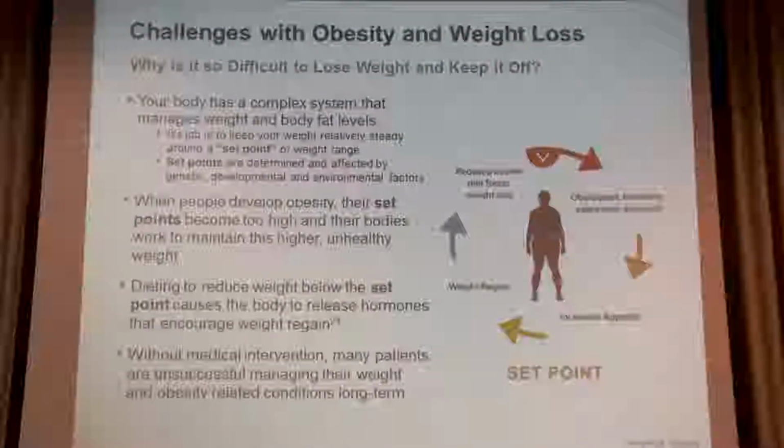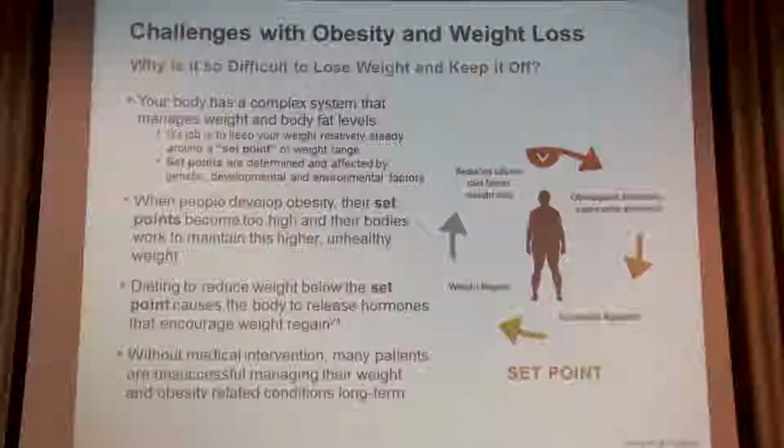So this is a slide that shows us why it's so difficult to lose weight, and a lot of it has to do with a complex interplay of hormones. We typically have what we call a set point that regulates your weight, and your body doesn't like to go below that set point. So we start dieting. Then your body says, nope, that's not right. We need to get back up to our set point.